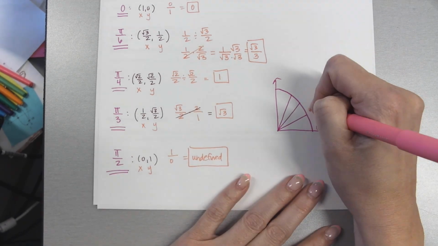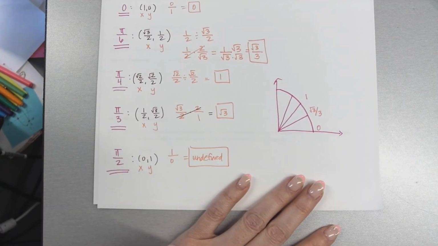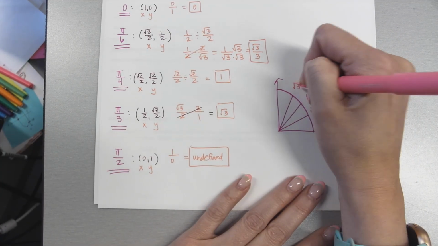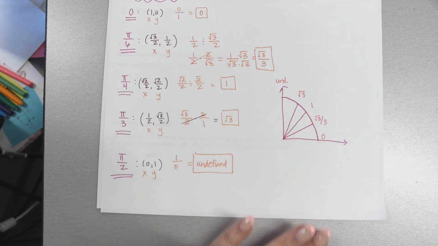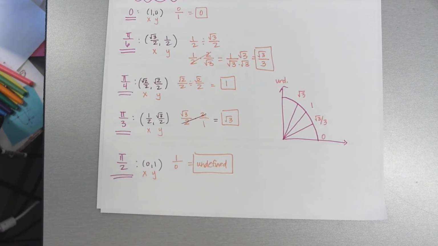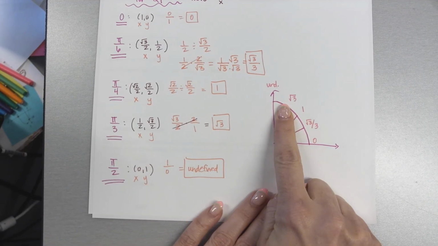At pi over 6, I have root 3 over 3. At pi over 4, I have 1. At pi over 3, I have root 3, and then at the top, it's undefined. Okay, so they really go in order from the least to the greatest.